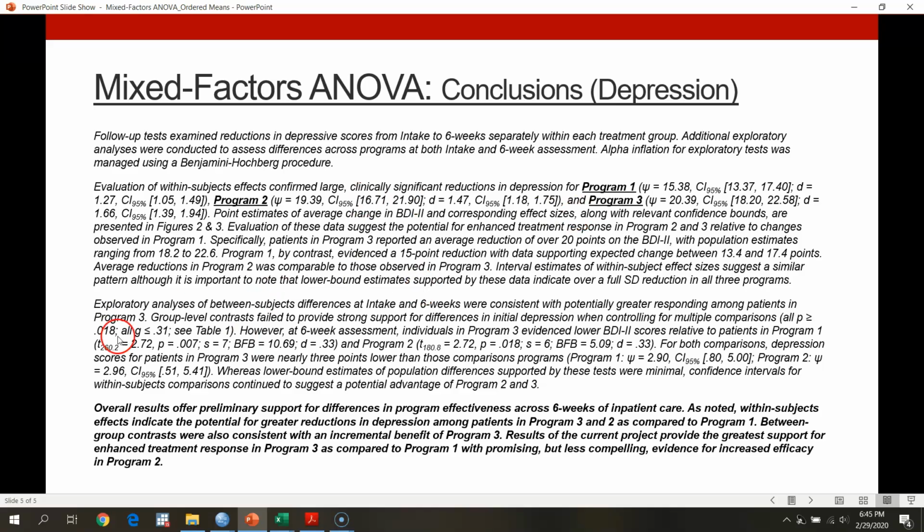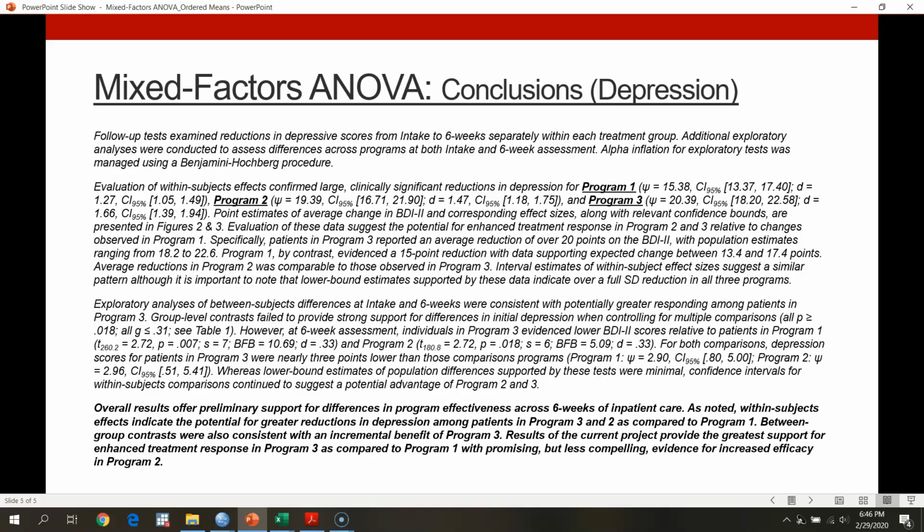Then we went to some exploratory analyses, looking at differences both at intake or baseline and at 6 weeks. Some evidence of potentially greater responding in group 3. Not a lot of support for differences in initial depression, although we did see one of those contrasts popping up, but it didn't meet the threshold for interpretation with our correction.